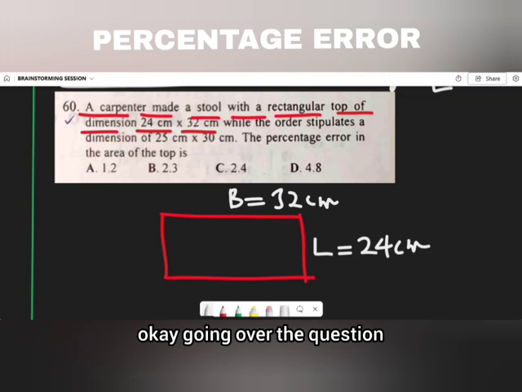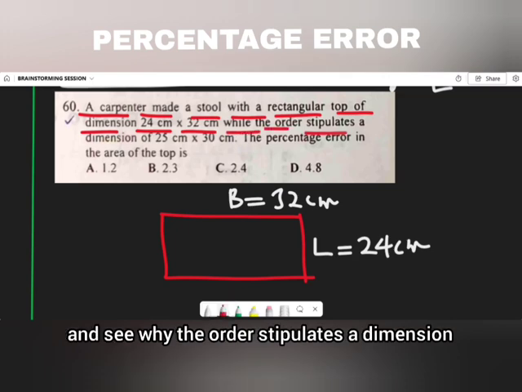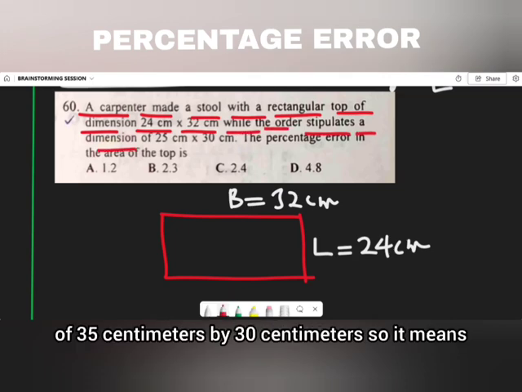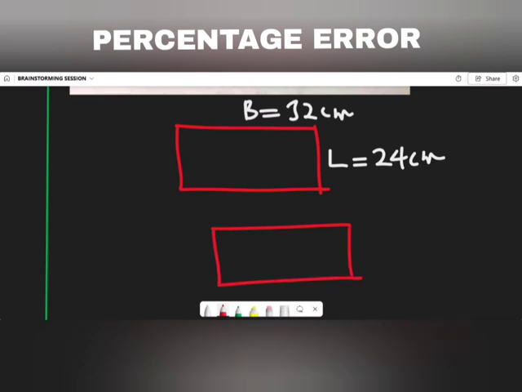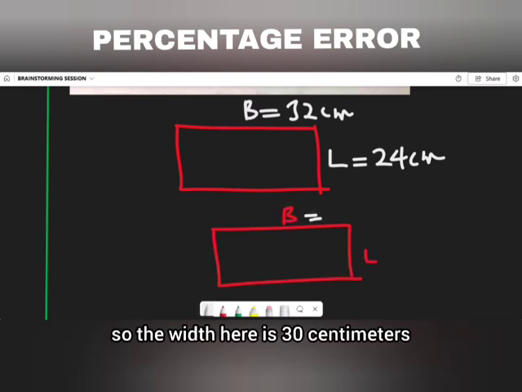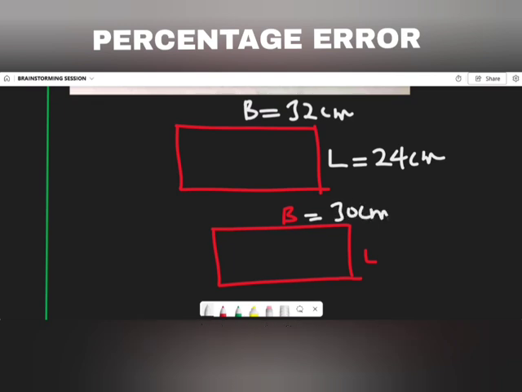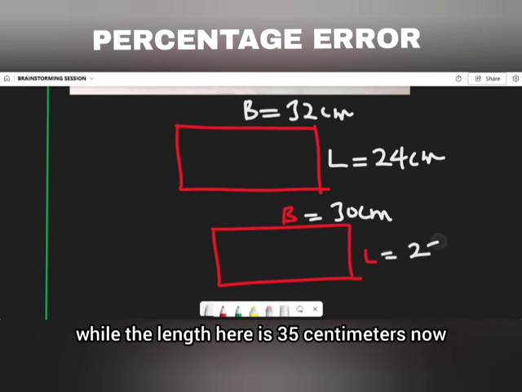Going on with the question, it says the order stipulated a dimension of 25 cm by 30 cm. So it means that the other stool is given as the breadth here, the length here. The breadth here is 30 cm, while the length here is 25 cm.